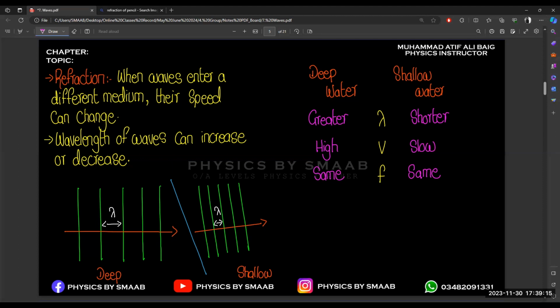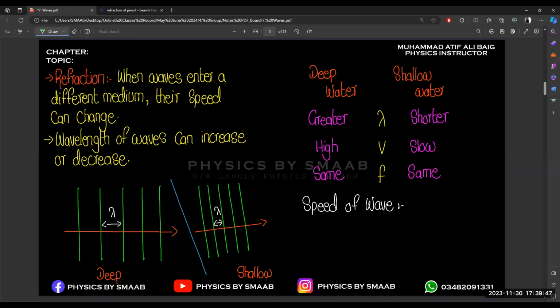Okay, sir. And to measure the speed of the wave, the old formula of speed, from dynamics and kinematics, we discuss distance over time. But this time, we don't have any concept of a linear distance. We have a concept of wavelength, and wavelength is completely different from the normal concept of distance.